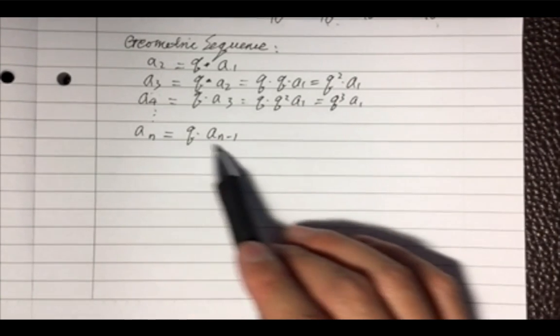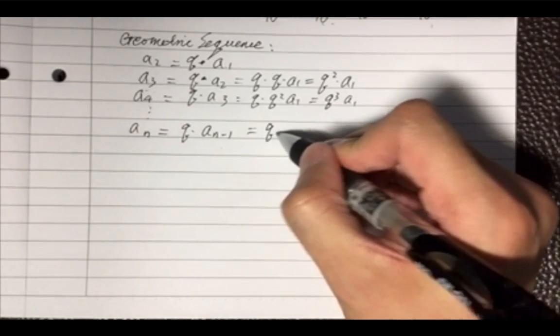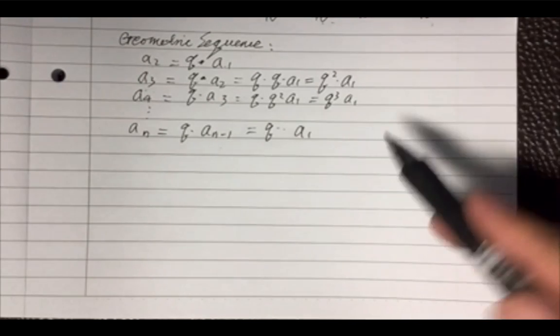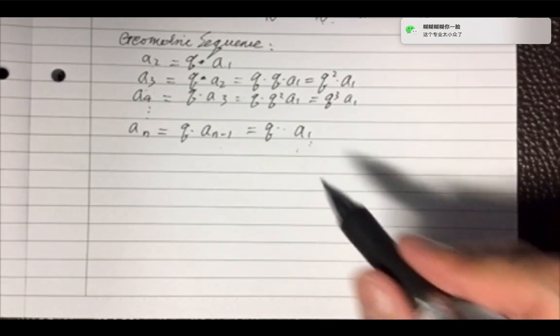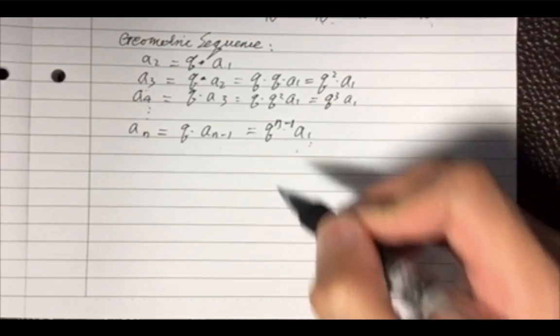So for the last term, how many Q's multiplication times A1 will it be? It will be Q to the power of n minus 1, right?